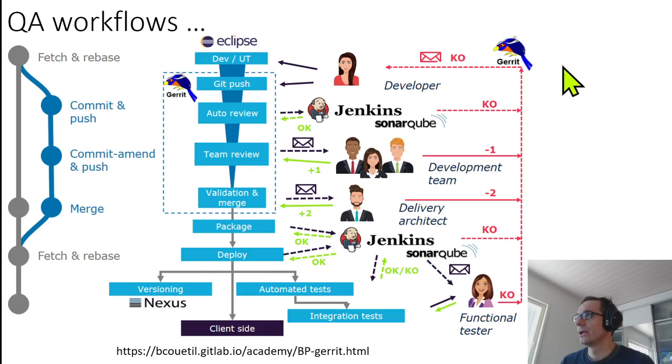If it's not okay, I guess back to the developer or maybe to some other persons. If it works, then it goes to deployment, automated testing, and integration. And then there might be a functional tester, some person that manually executes the test. And then it goes to the client and goes to Nexus for binary version control.